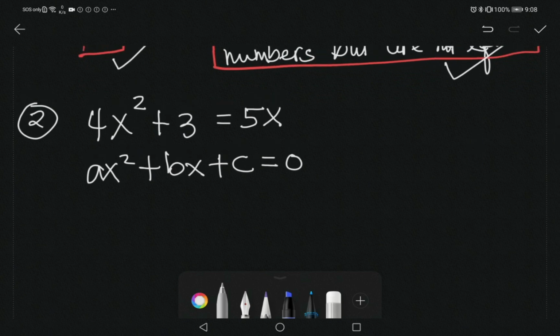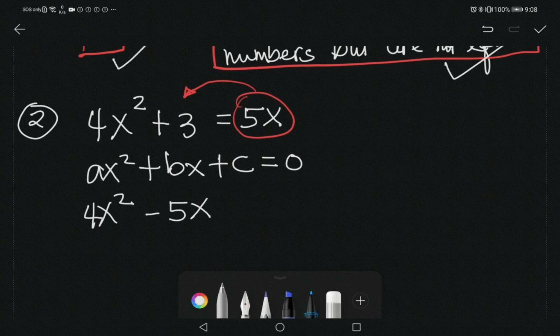So, ato nang i-transpose ang 5. Transpose na ni sa other side. So, mahimo na siyang 4x squared. Unya ang 5x, mahimo na siyang negative 5x.